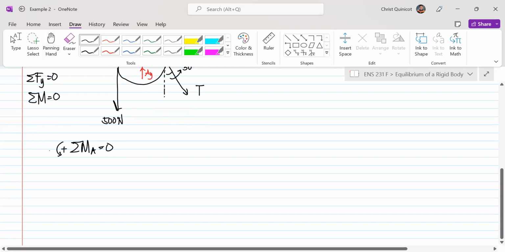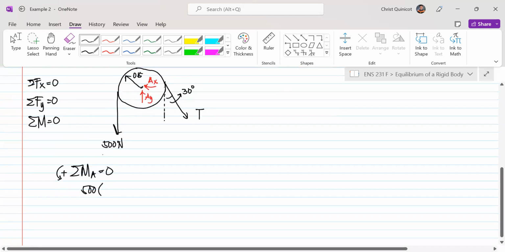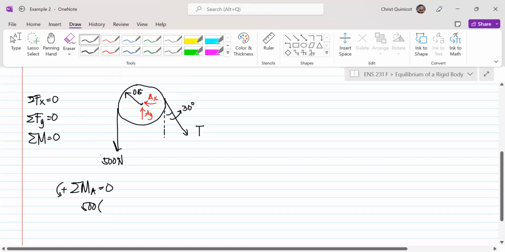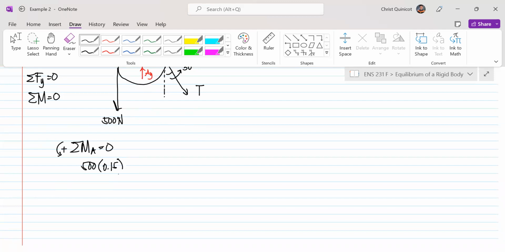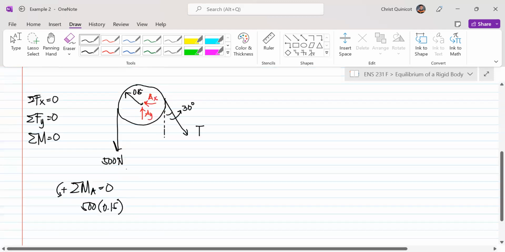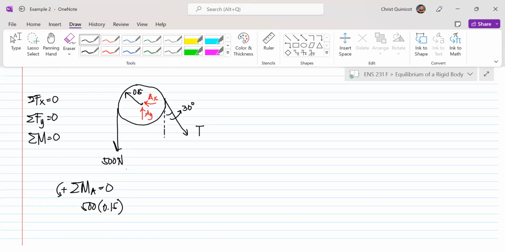So this is 500 times its perpendicular distance, which is the radius of our pulley, 0.15. Now, don't get confused that although our tension is provided at 30 degrees with the horizontal, take note on where we are taking the moment, and that is at the center of our pulley.